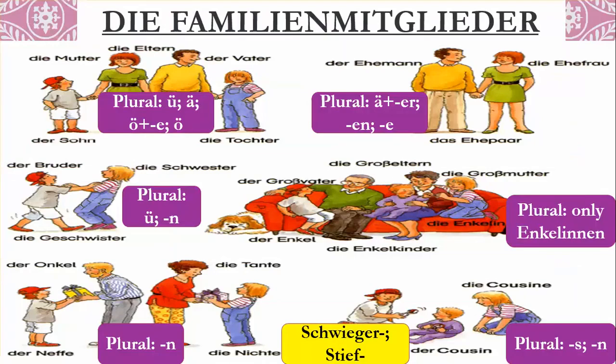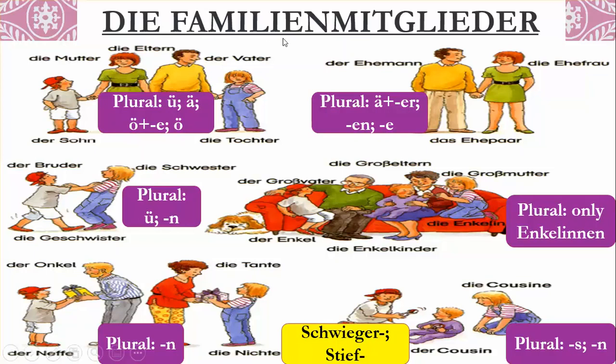So apart from a baby, which is das Baby, and a girl, which is das Mädchen, all other family members in the German language will have the article der if they are masculine and die if they are feminine.